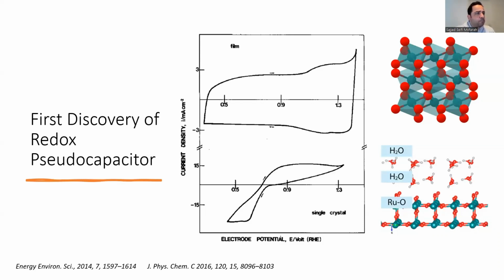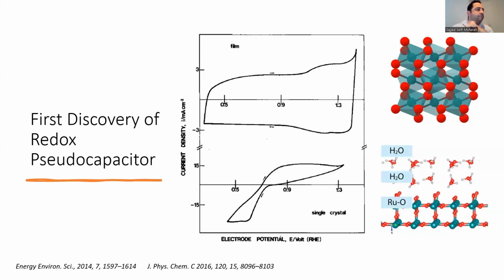Ruthenium oxide hydrate with different degrees of hydration is the best candidate for getting such electrochemical behavior. In general, ruthenium oxide hydrate materials have 4 unique features and properties that enable rapid Faraday reactions with very high capacitance.